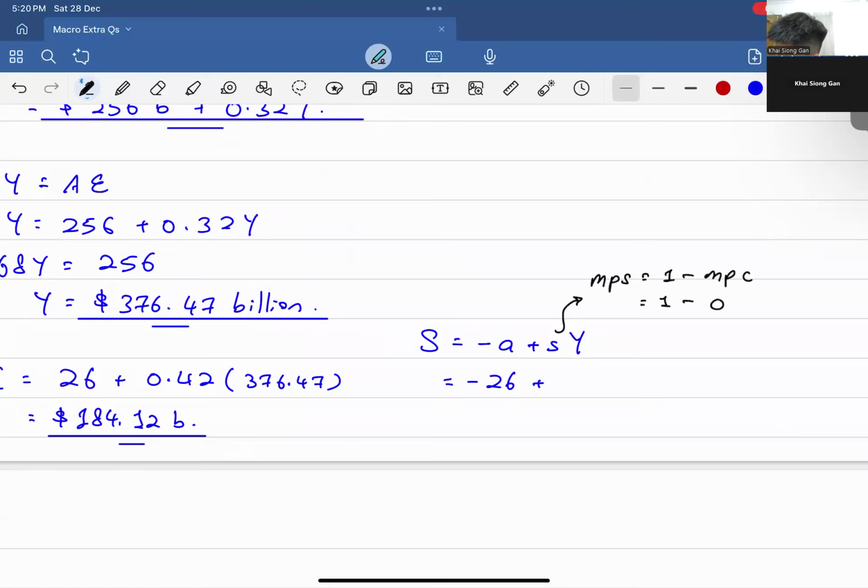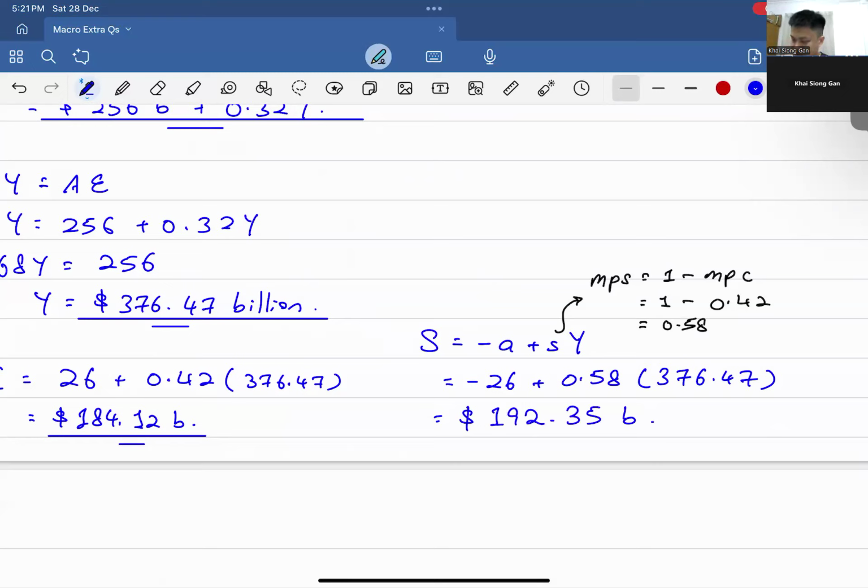MPC here is 0.42, so 1 minus 0.42 is 0.58. Now you can put in 0.58 times the value of Y, then put that into your calculator. You will be able to get 192.35 billion.